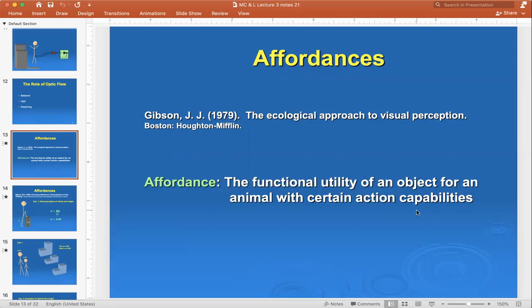In other words, when we go through the environment, we look at objects in terms of what they can do for us, given our own action capabilities, given our own size, strength, height, length of arms, eye height, shoulder width, weight, whatever. And so we don't perceive objects in the world in terms of man-made dimensions. We view them in terms of body scale dimensions and how they fit within us.